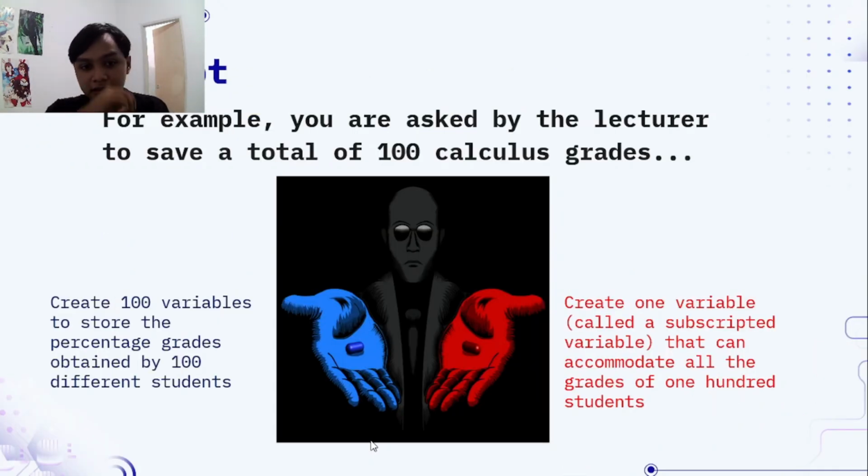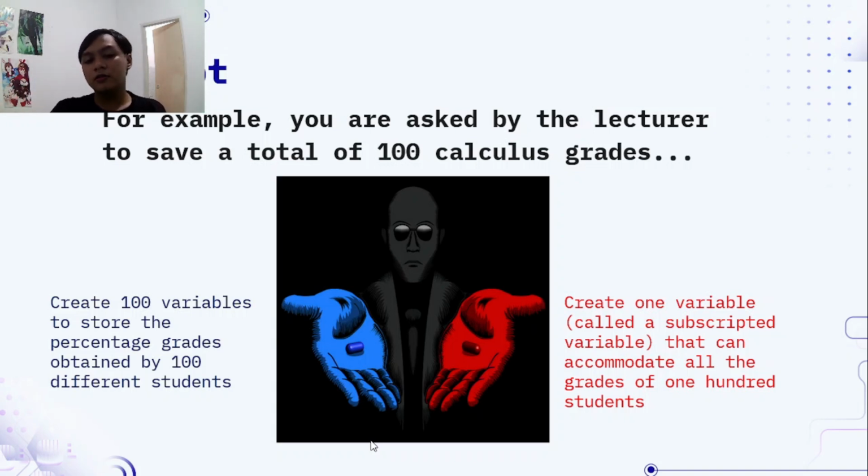For the concept, you are asked by the lecturer to save a total of 100 calculus grades, and here you get two options. You could create 100 variables to store the percentage grades obtained by 100 different students, which is very annoying and very hard.